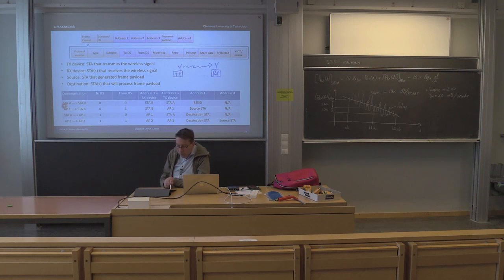So suppose we have a station A that would like to transmit a frame directly to station B. Then this frame is not going to the distribution system, and it doesn't come from the distribution system.